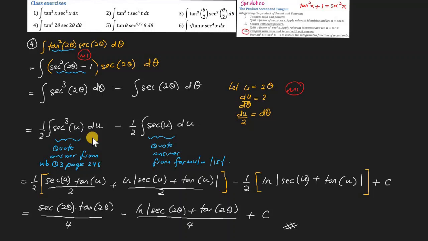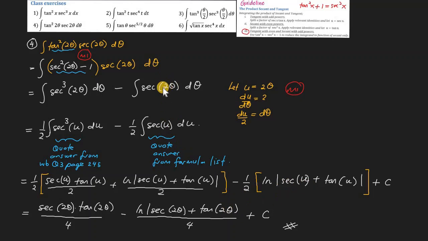Okay, so for this one there is a long working for the M, right? We used IBP last time. Okay, I don't want to give a mark. It's a long working, so we got the answer. And for this portion, only if it's a single angle u, then you can quote the answer given in your formula list. Okay, like this one, and then you replace your u as 2 theta.